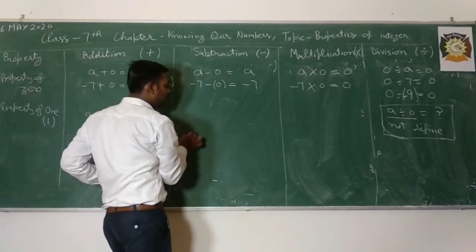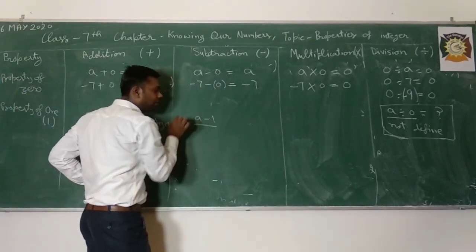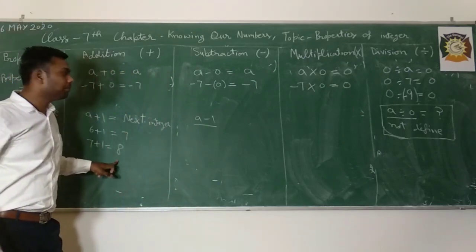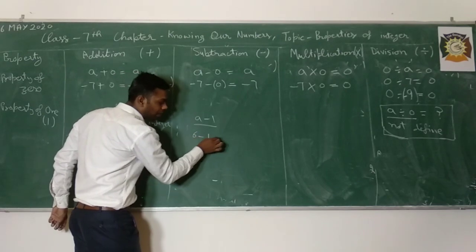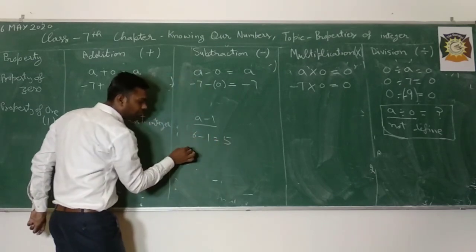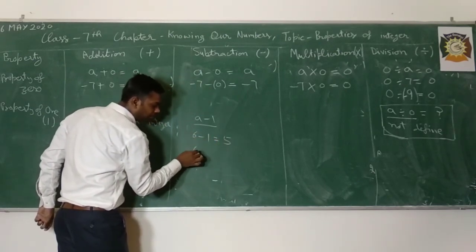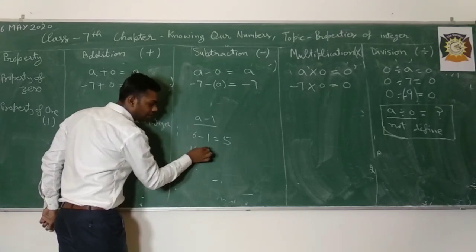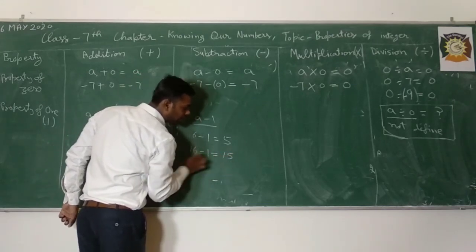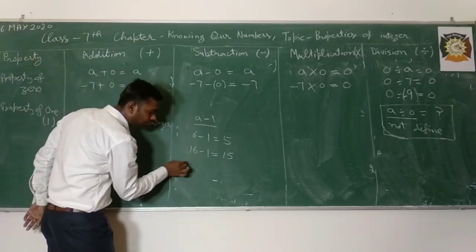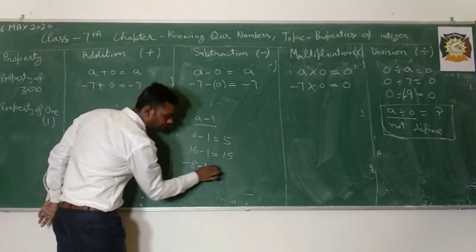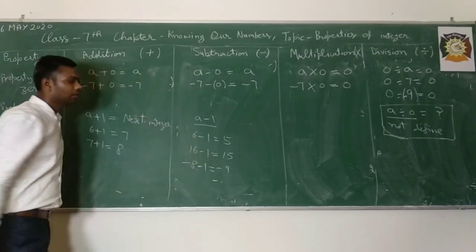If we subtract 1 from an integer, what we get? The previous integer. That is, 6 minus 1, we get 5. If we subtract 1 from 16, we get 15. It may be negative, but we get the previous integer.